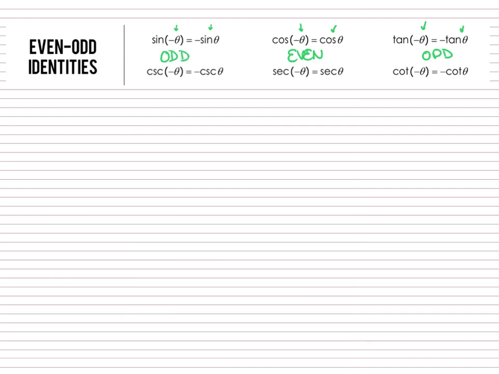So in terms of even and odd functions, we talked about them at the beginning of the year. Odd functions have symmetry about the origin. So an example of an odd function would be something like x cubed, where it has a function that looks like this. The best way to think about this is if I'm taking an x value out here, I have a positive y value, positive x, positive y.